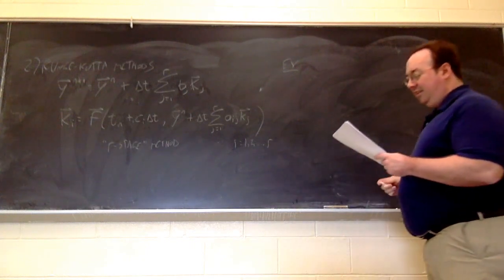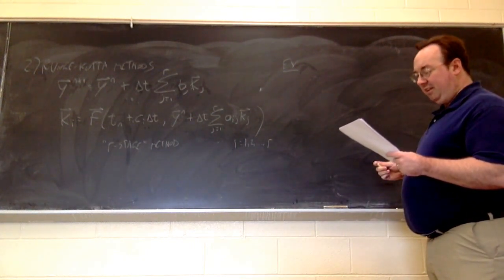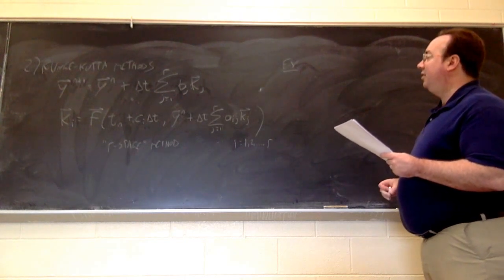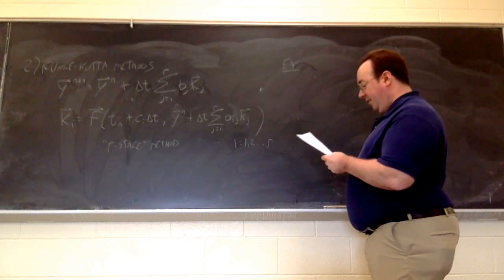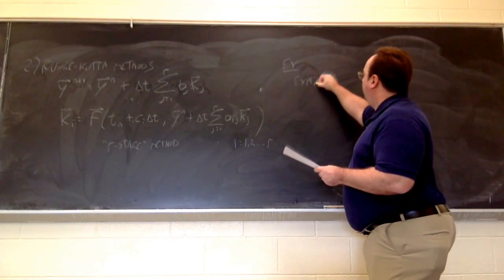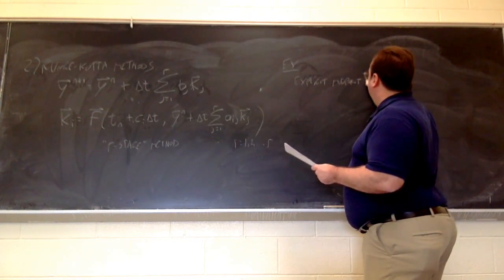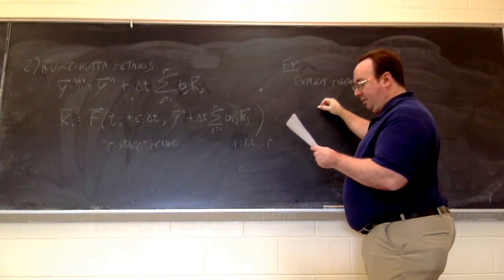Well, actually, explicit Euler is a Runge-Kutta method. Then there is the explicit midpoint method.